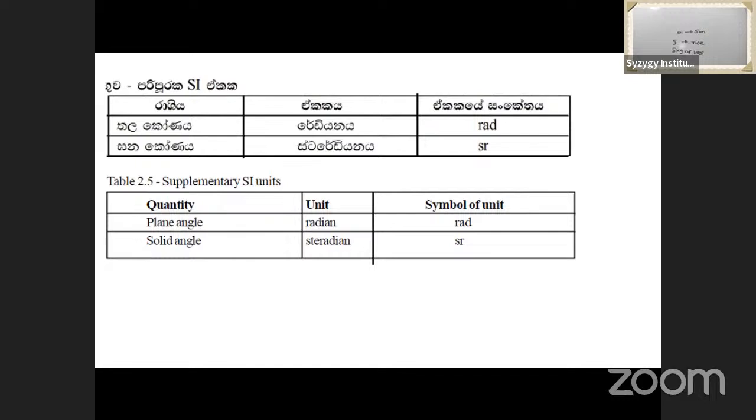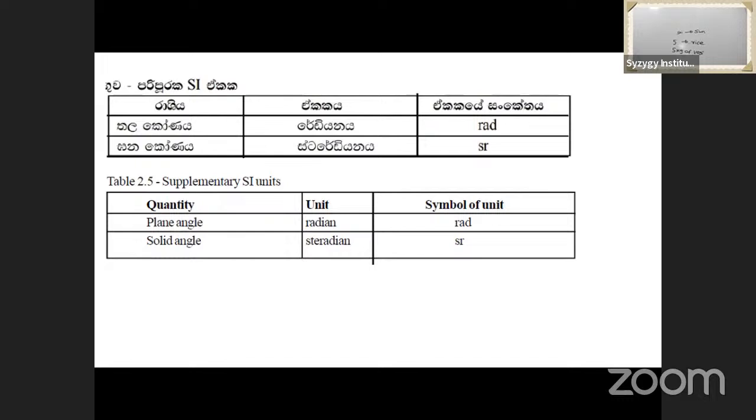Right? We need two more to explain the physical things in this world. First one is plane angle. Plane angle means the angle you are measuring using the compass. But in the compass we use degrees, but in A levels we use radians. To measure plane angle or 2D angle, we can use the radian.